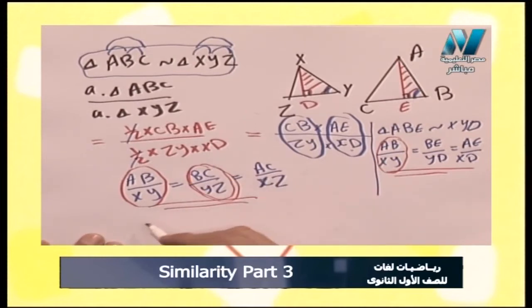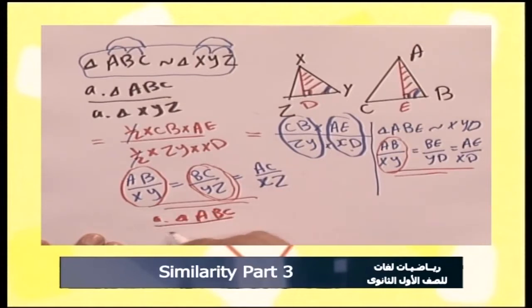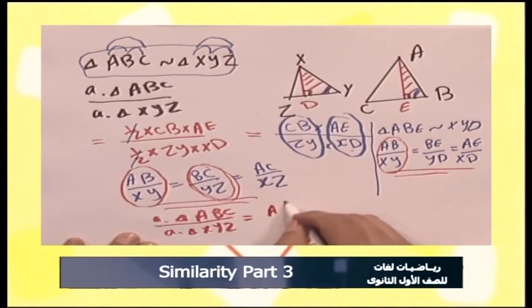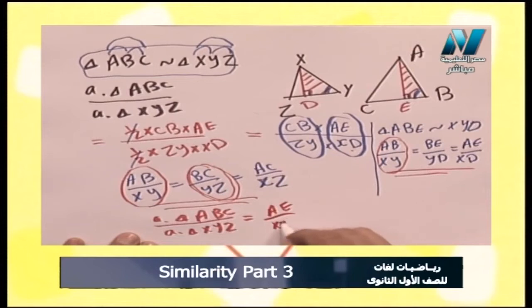So we can write area of triangle ABC over area of triangle XYZ equals AE over XD multiplied by CB over ZY.